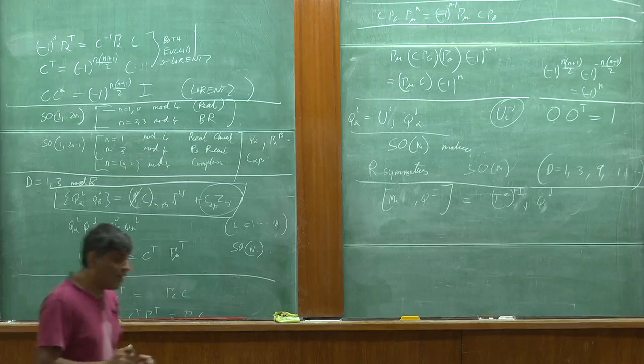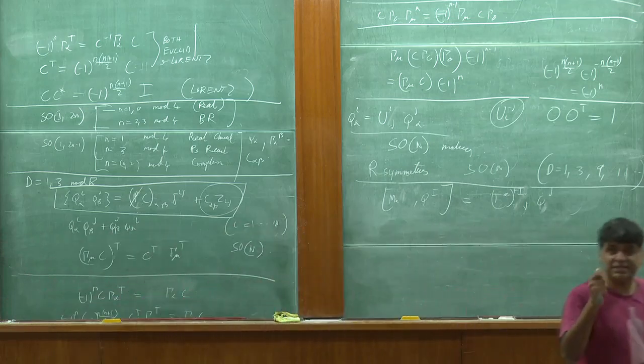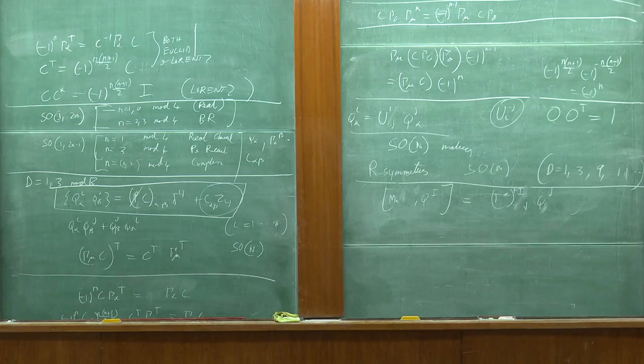Okay? However, in special cases where you have this R symmetry, you have special short massive representations, which are called BPS representations. And these special short representations play a very important role in calculability in many theories. Okay? So this R symmetry can sometimes be very important.